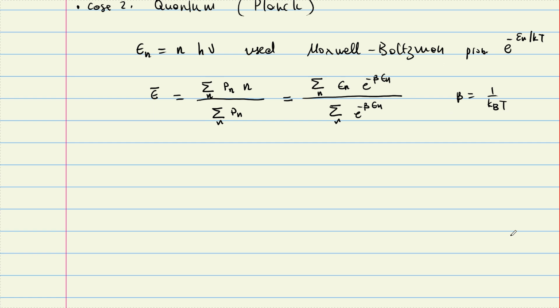Now, n goes from 0 to infinity, and all of them, so we need to sum this series. So let x be equal to beta times h nu. Then the series we need to sum is like this.